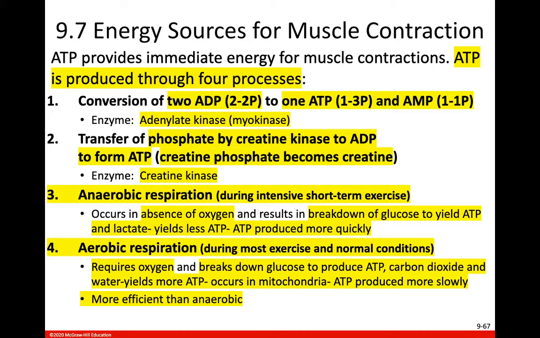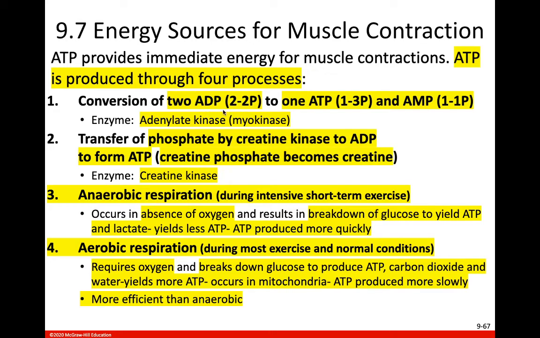So one process that your muscle can use to get ATP is using the enzyme adenylate kinase, also called myokinase or myosin kinase. Basically, what this enzyme does is it takes 2 ADP molecules, which D stands for di, so this is 2 2-phosphate molecules.